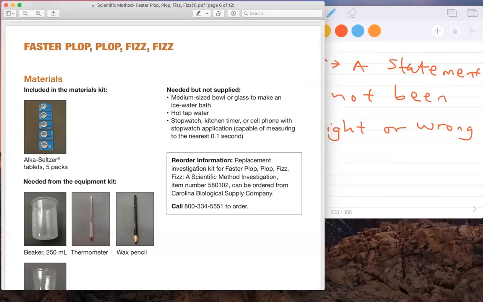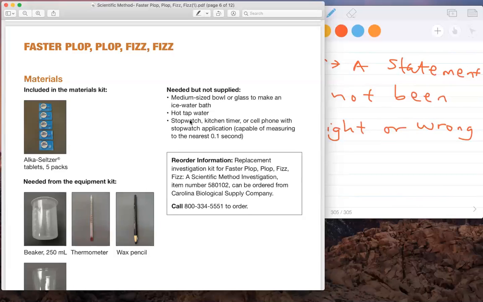And then you will have the ice bath. If you don't have ice, you can revisit this later on. Remember, the lab is due next Sunday, so I wouldn't worry much. You can do the first two, and then you can do the ice bath later on.